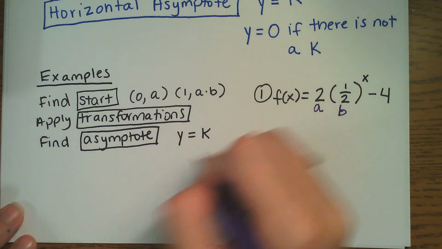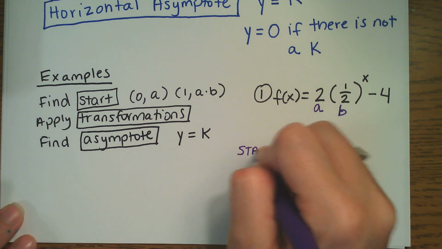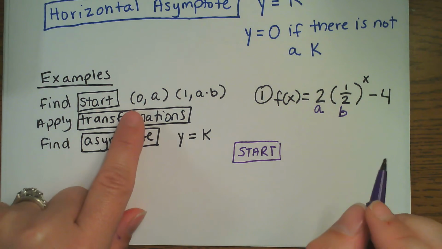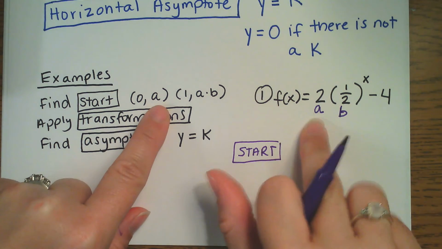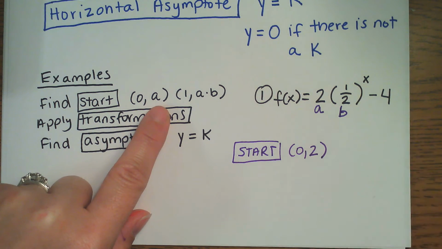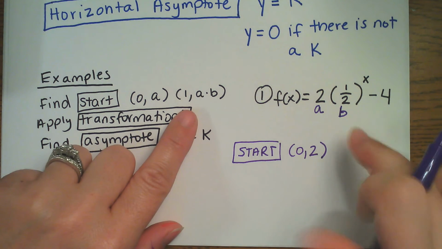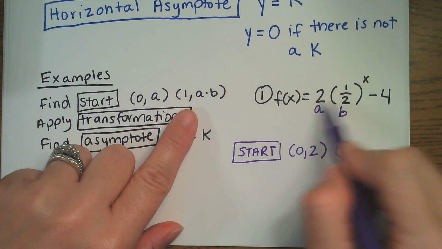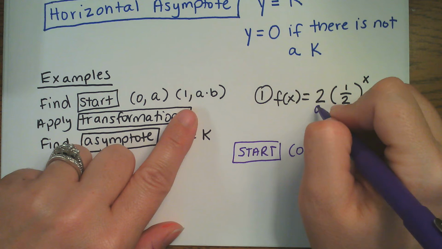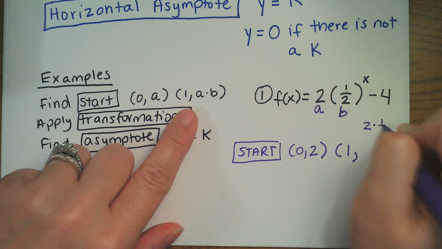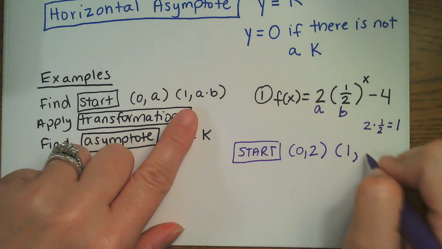So my starting points will be 0, comma, my a value, so 0, 2. And my second point is going to be 1, comma, I'm going to multiply a times b. So 2 times 1/2 equals 1.